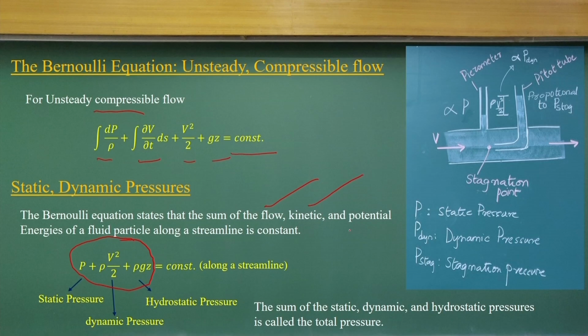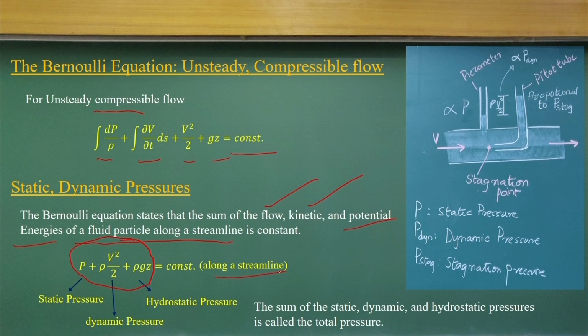So, the sum of these three energies, flow, kinetic and potential energy of a fluid particle along a streamline, is constant. That is what we have written.